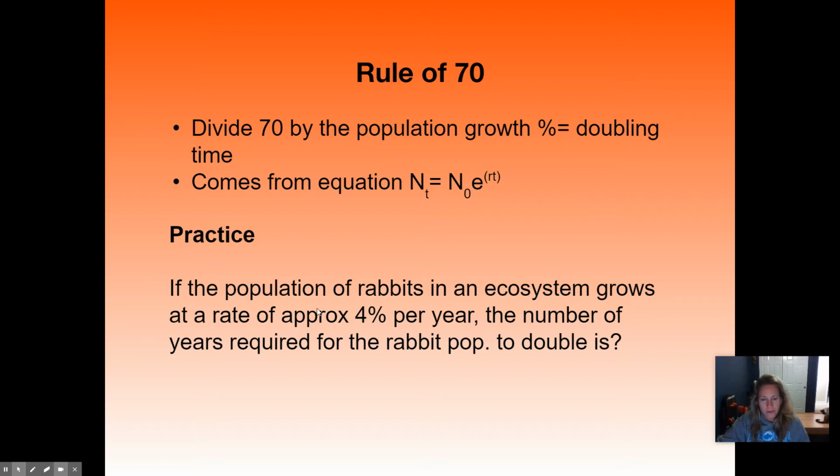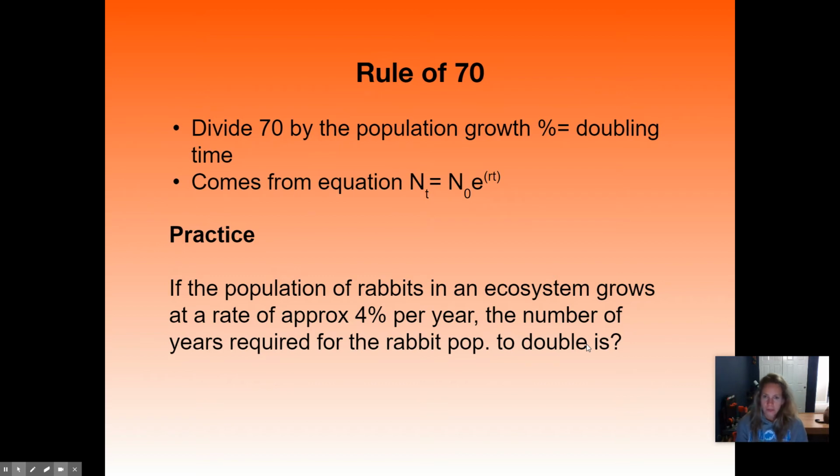So here's a practice. It says if the population of rabbits in an ecosystem grows at a rate of approximately 4% per year, the number of years required for the rabbit population to double is, so if we calculate that out, give you guys a minute to calculate it. So basically you take 70 divided by 4, which gives us 17.5.